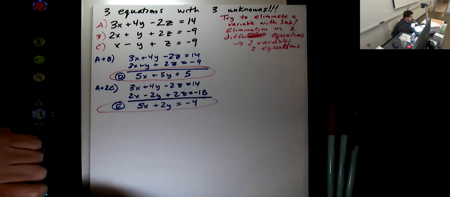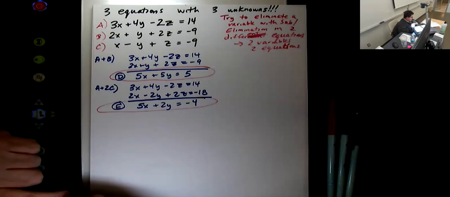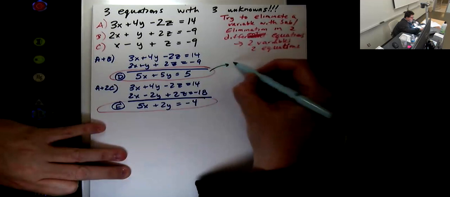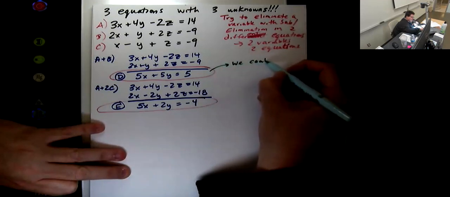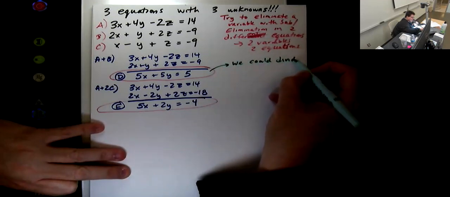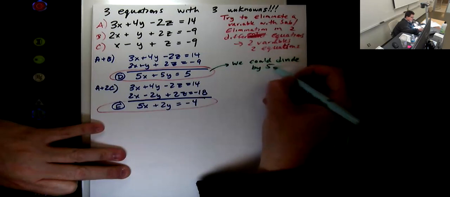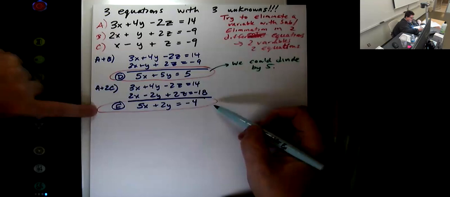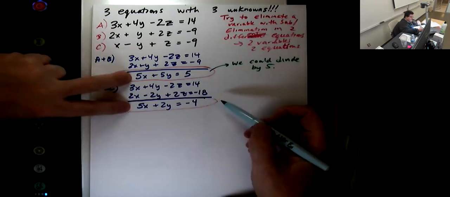We have a couple options here. We could divide by 5 to simplify this equation. But I see that E and D both have 5x.